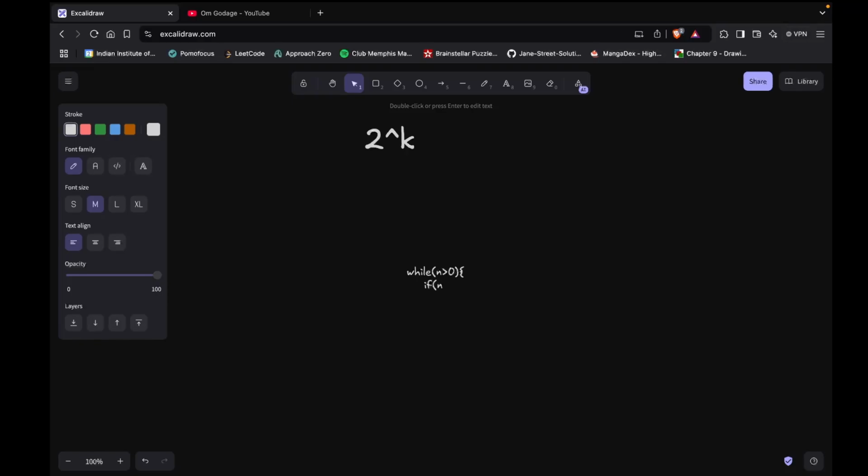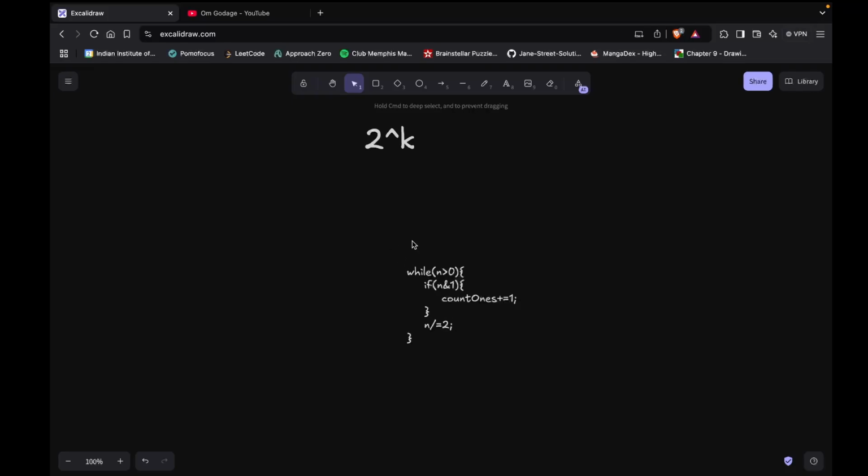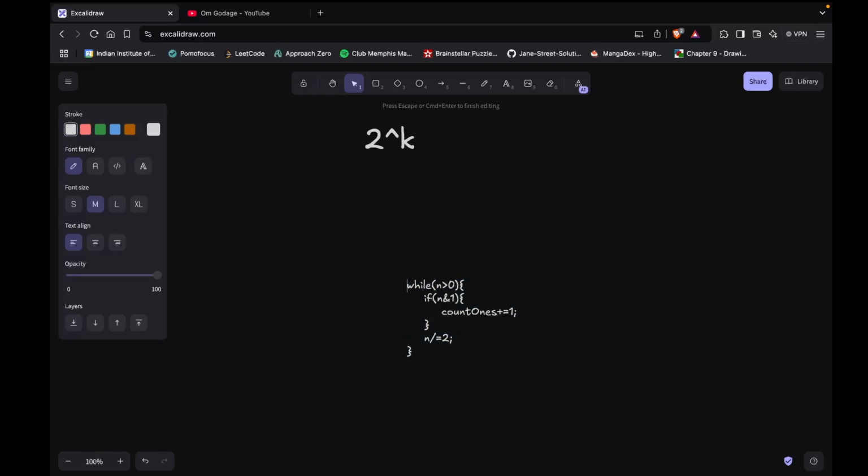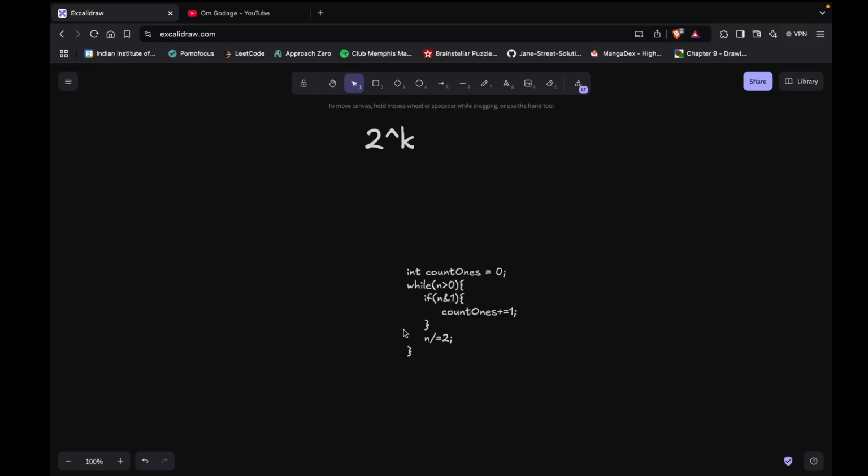So while n is greater than 0, if n and 1, count ones plus equals 1, and then n divided by 2. And before this you will set count ones to 0. I'll explain what I've written over here.